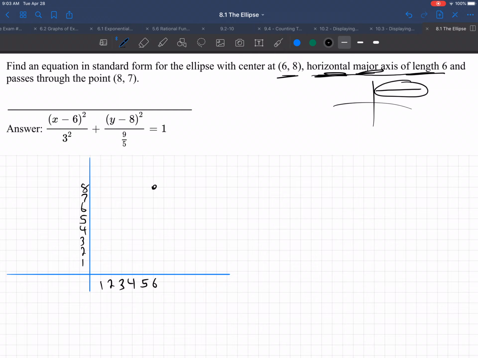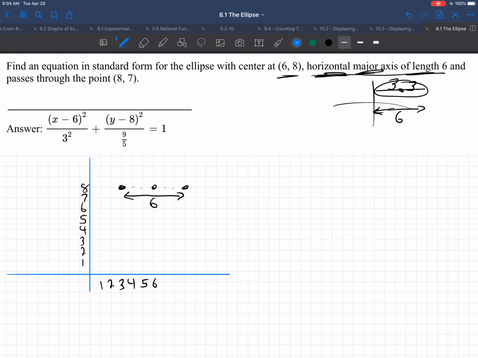That means from there to there is 6, so from the center it must go 3 each direction. So we go 1, 2, 3 in that direction, and 1, 2, 3 in that direction. Does that make sense? This horizontal axis has a total length of 6, 3 in each direction.